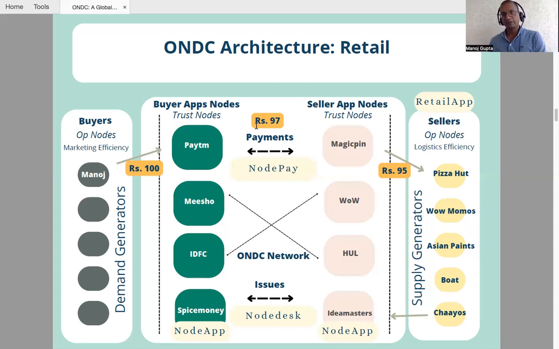It is a long chain, but this is where the issue and grievance management part of ONDC comes into the picture, which is again very automated. So this is how the grievance flows in the network, right? Whether it's retail, fintech, or mobility, whatever domain we may take, the flow of payment and flow of grievance remains the same. That's a simple part.